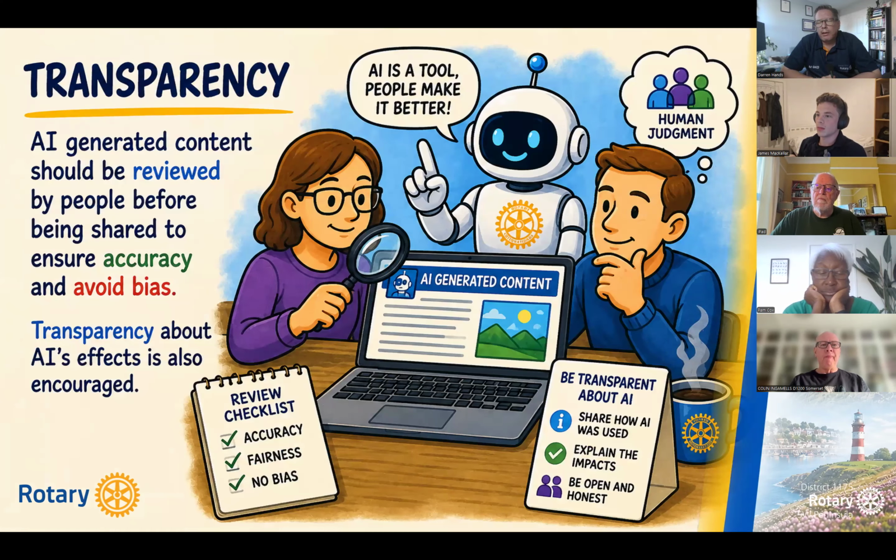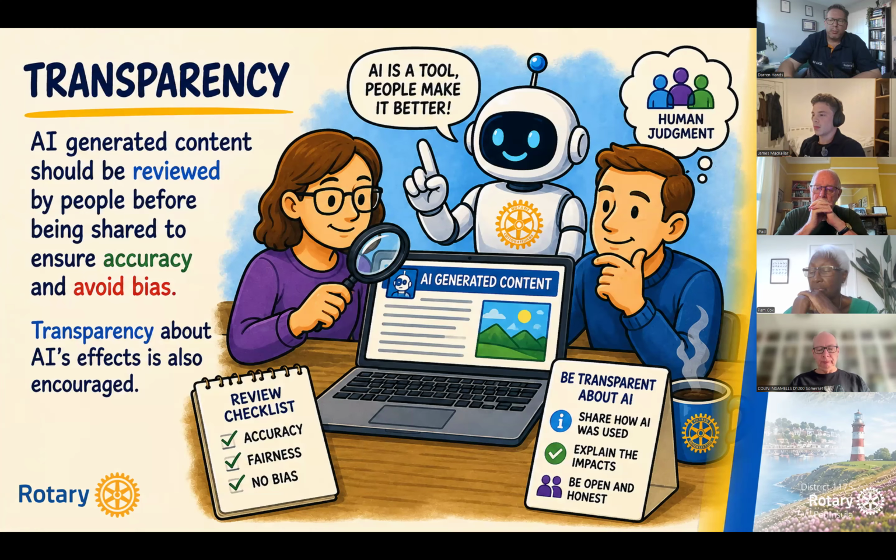We also need to be transparent with our use of AI. AI generated content should be reviewed by people beforehand because certainly when I've tried using it in my own professional basis, it's not always accurate. So don't treat it as gospel that anything you get out of AI is going to be 100% right. Make sure you have a look at it before you share it to the wider public and make sure it avoids bias.